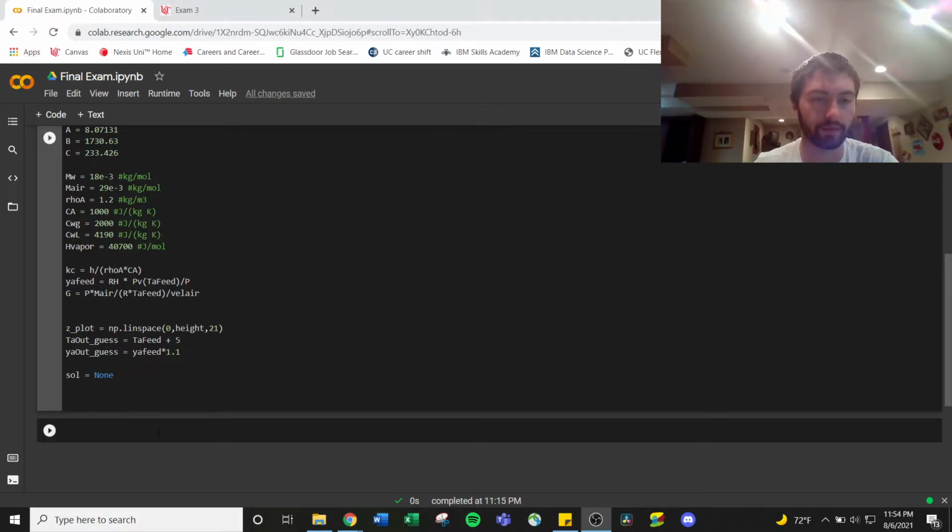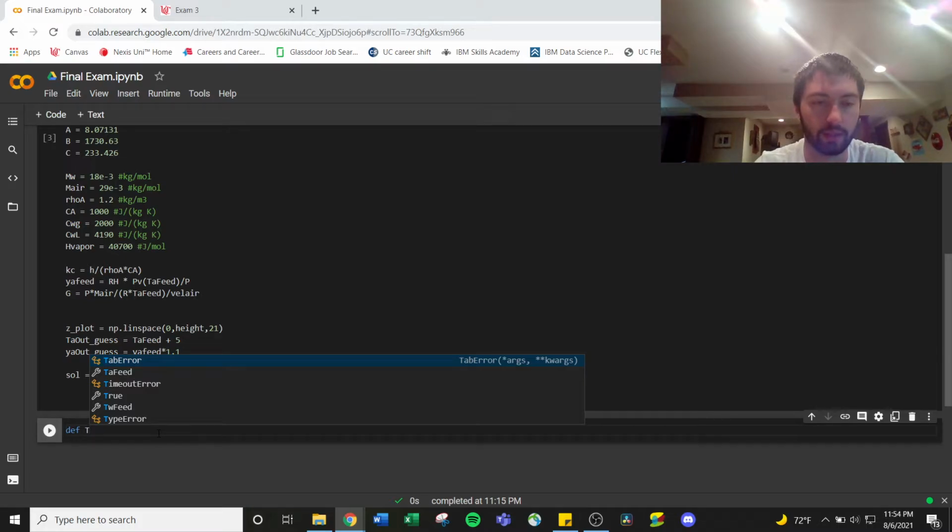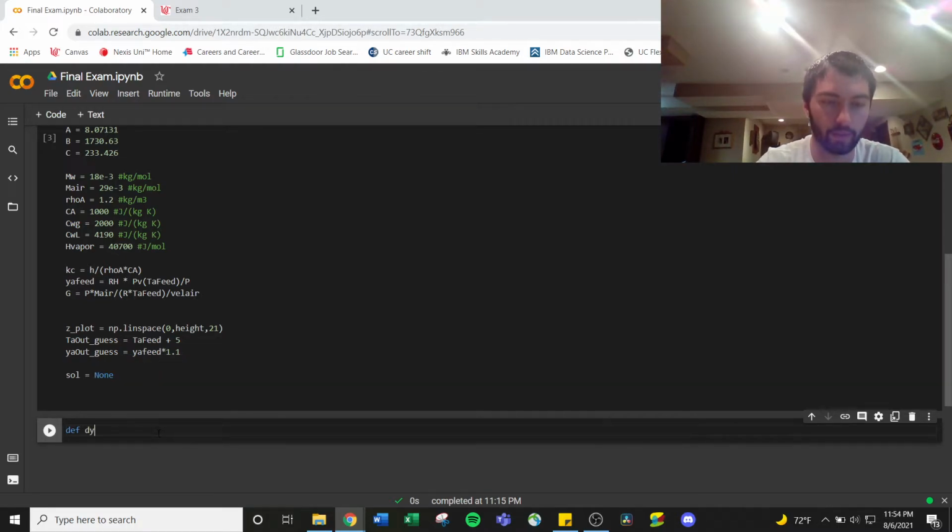Alright, so now we can define a function that will introduce our differential equations that we solved for in the last part. So we'll just call that function dy for mole fraction, temperature of the water, and temperature of the gas. And we'll feed that function a position z and 3 variables. I'll just use the letter v.